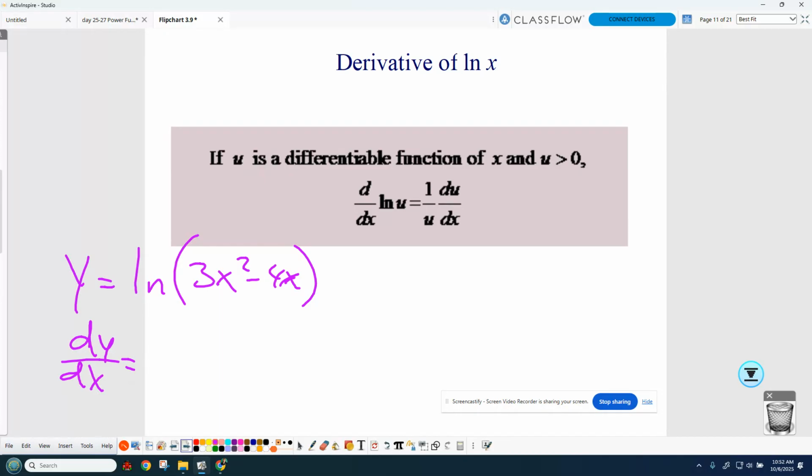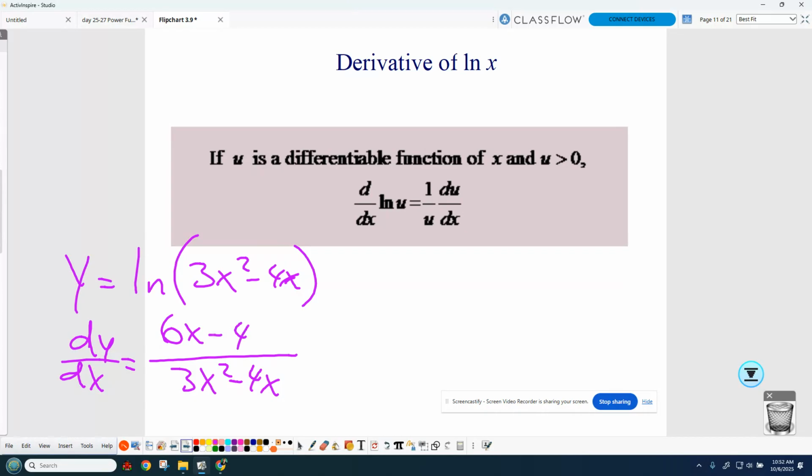So Sophia, natural log of bleh, what's its derivative going to be? 1 over all that stuff. And then chain rule, times the derivative of all that stuff, which is just the stuff inside. 6x minus 4.